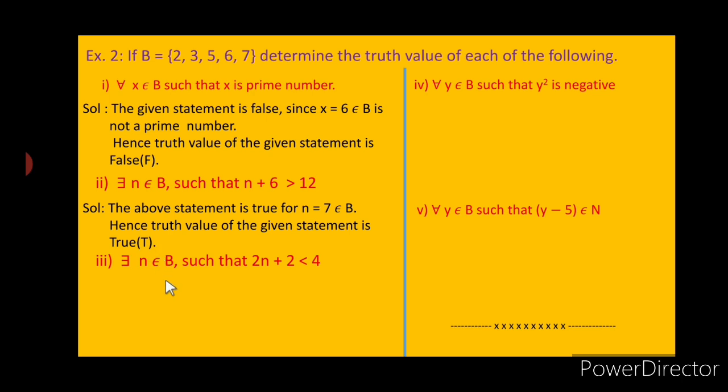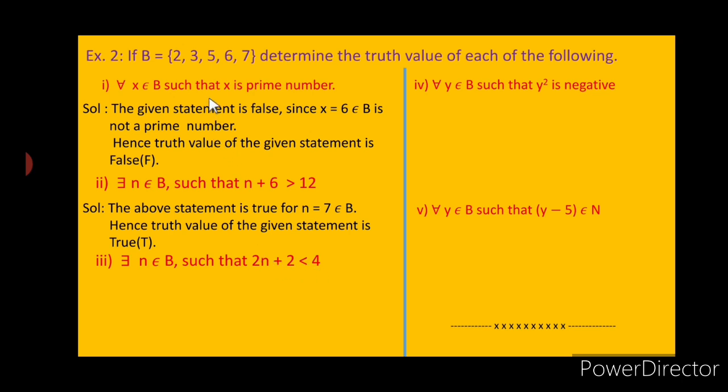Understood? The next one. There exists n belonging to B such that 2n plus 2 is less than 4. Now see, they have given a condition, 2n plus 2 is less than 4. Suppose I take n equal to 2. So 2n, that is 2 into 2, 4, 4 plus 2, 6. 6 is not less than 4. Correct?